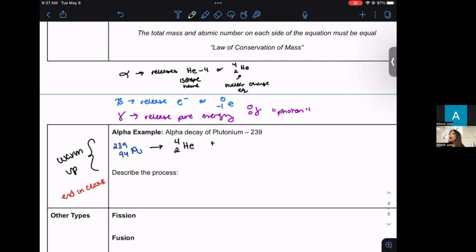And then how do I figure out what remains? How do I figure out the remaining theoretically more stable daughter isotope? What do I know must be true about the new atom? It must have a mass and a proton number that adds up to the original total. So, Carlos, what is the mass number and the proton number of my new element?